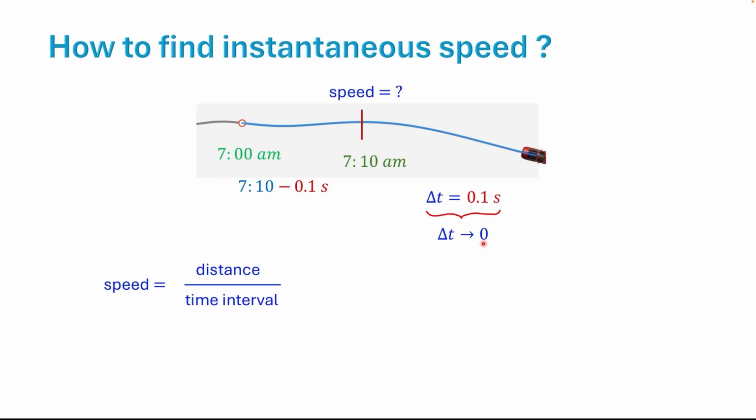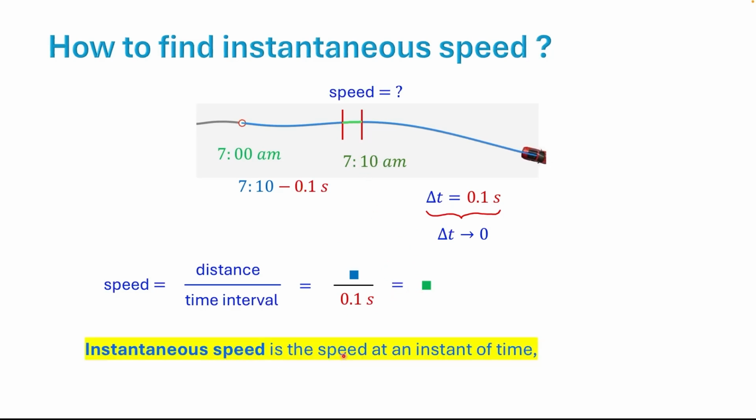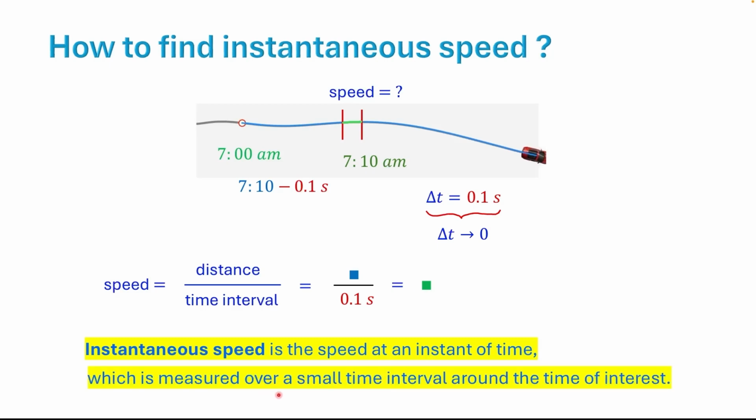But if the object is moving at a constant speed, or can change its speed only slowly around the time of interest, you can have a larger time interval. Now, at this time, the car is passing somewhere here. Measure this distance, and divide the distance by the time interval. You will get the speed at 7:10. So, instantaneous speed is the speed at an instant of time, which is measured over a small time interval around the time of interest. Next, we will look at the average speed.